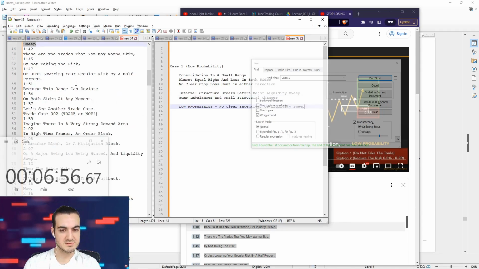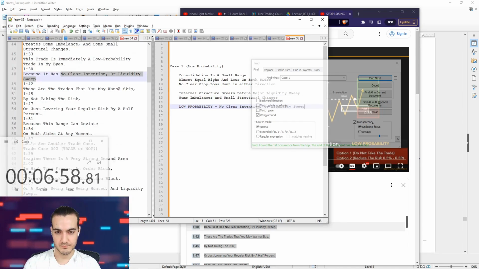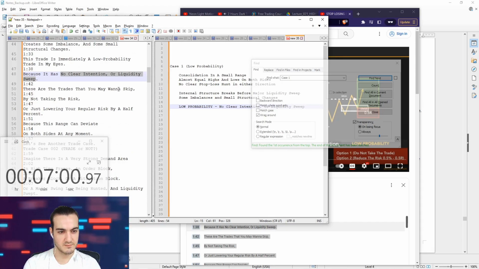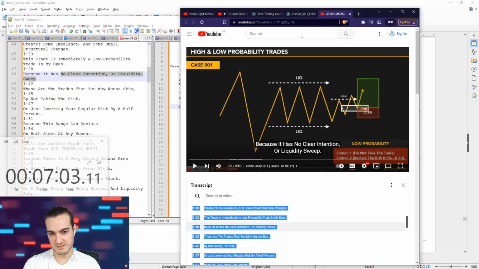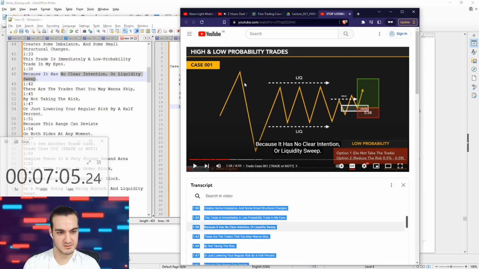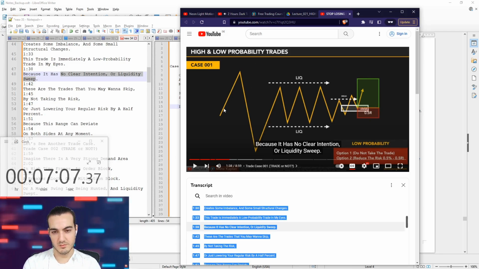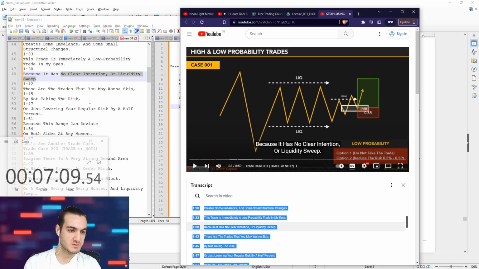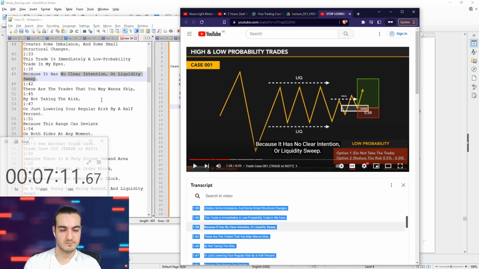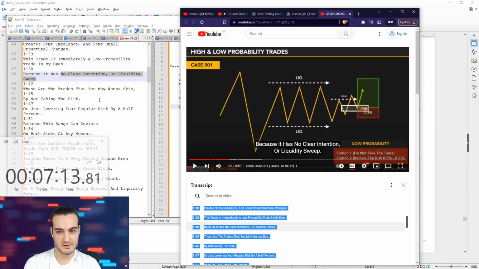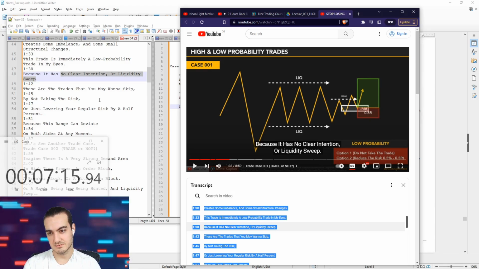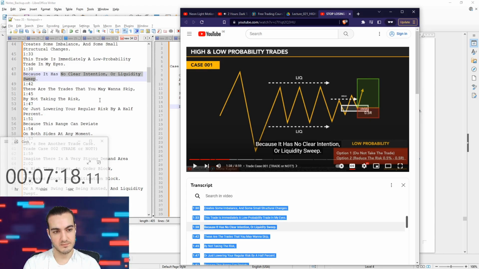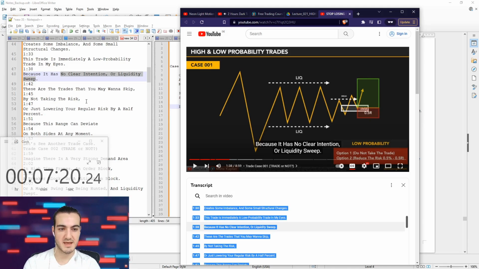Okay, this is something I want to draw attention to, is that even though this first case may not be an ideal trade setup, you may still want to trade it, but you can just use lower risk, either by using a smaller stop or by using less capital.